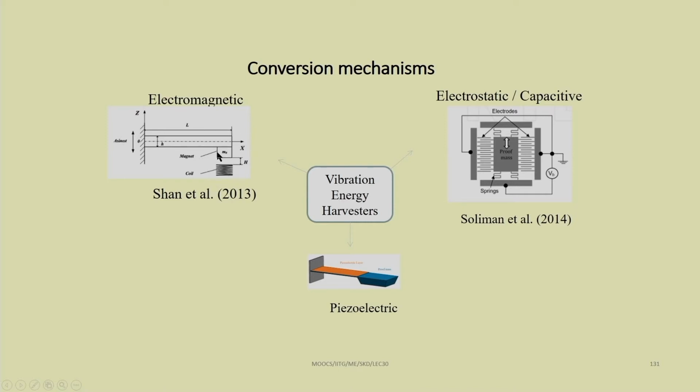At the end of the cantilever let us have a magnet and a coil. When the beam is vibrating, the magnetic field is changing, so the flux linked with the coil is changing, and due to the rate of change of this flux in the coil, EMF will be generated. This EMF can be harvested or taken for different application purposes.